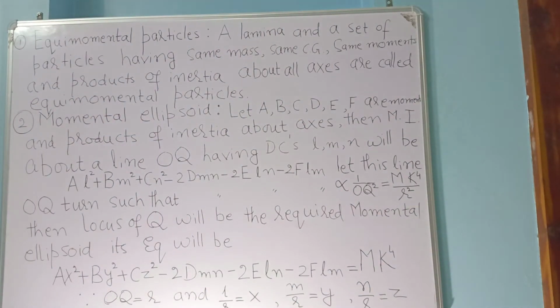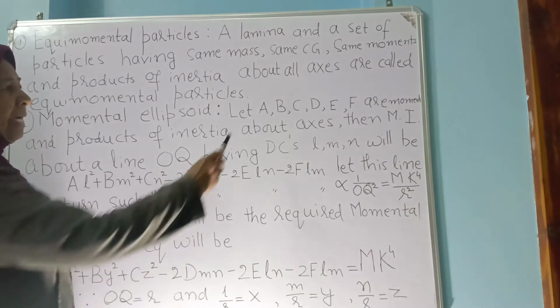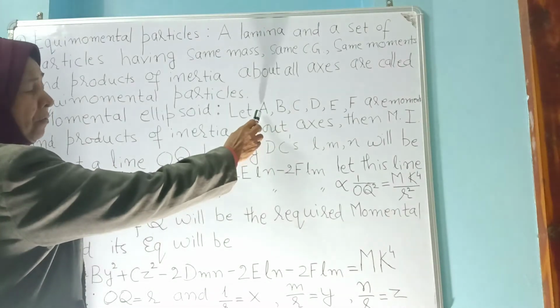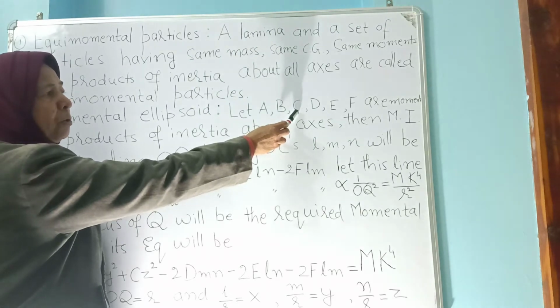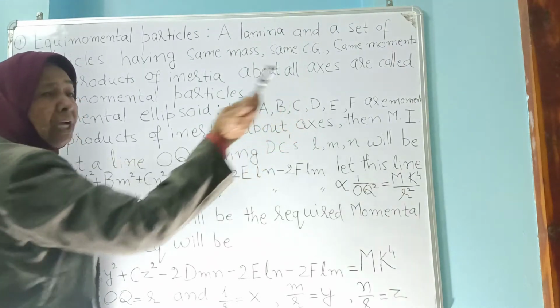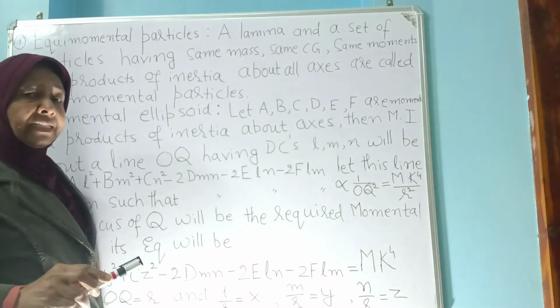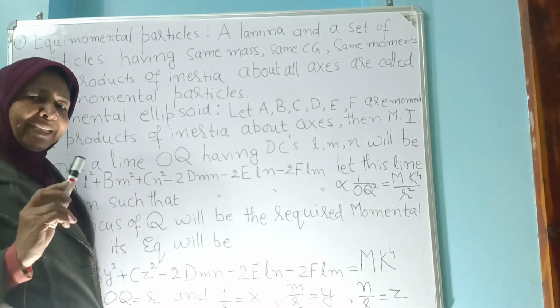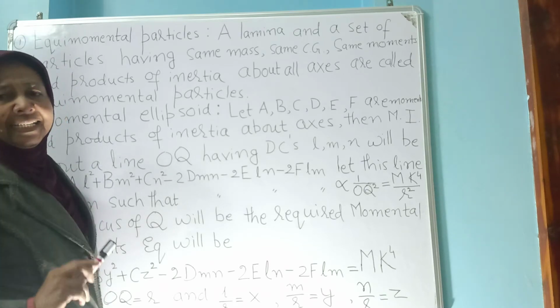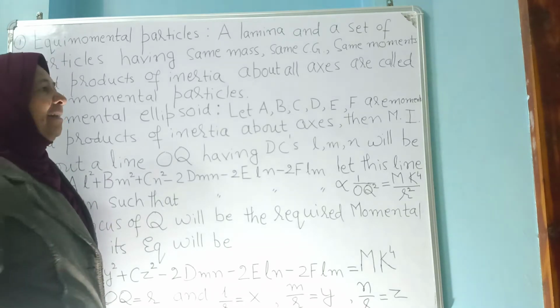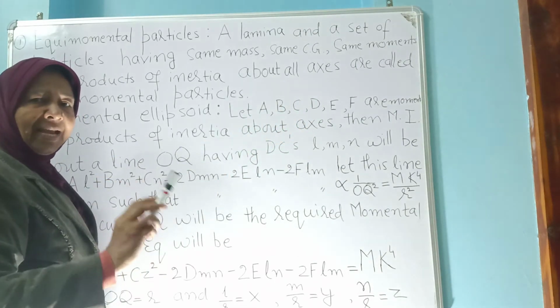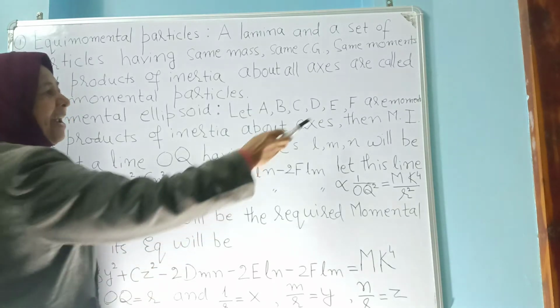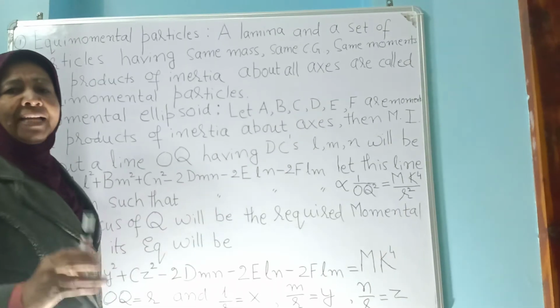These are moments and products of inertia: moment of inertia about the x-axis, about the y-axis, about the z-axis. For the products of inertia, once I say about an axis, that axis is omitted: D is summation m y z, with x omitted; E is summation m x z, with y omitted; and F is summation m x y.